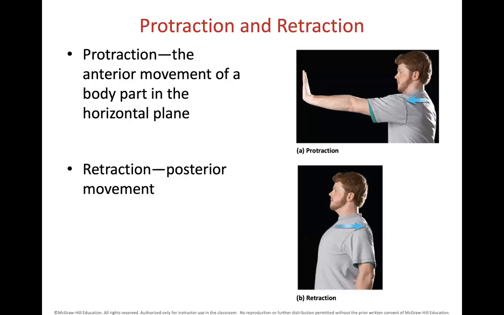So either forward or back is what we're talking about here with protraction and retraction. Protraction, you're moving your shoulder forward. Retraction, you're moving your shoulder back, or whatever body part you're talking about. But we're talking in the horizontal plane here, so kind of back and forth this way, not any other direction, just anterior or posterior.